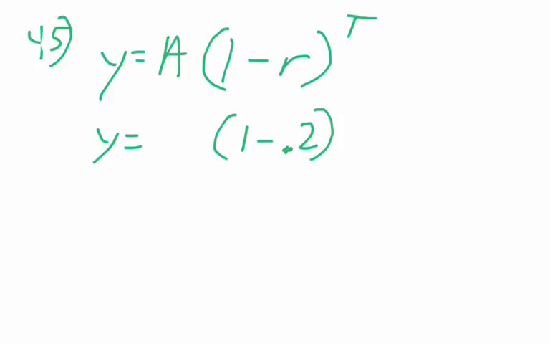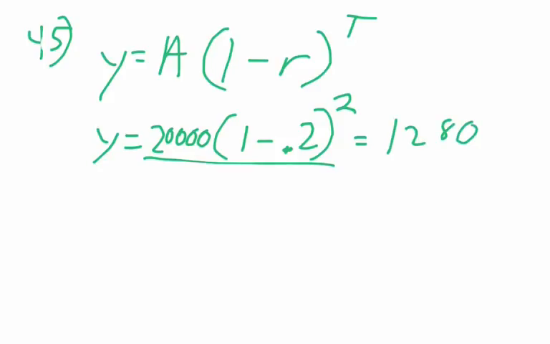And we're going to have it for 2 years, so I'm going to put a time of 2 up here. And a turns out to be 20,000. So if we just plug this in, the calculator will tell us how much our car is worth after 2 years. And so we wind up with 12,800.